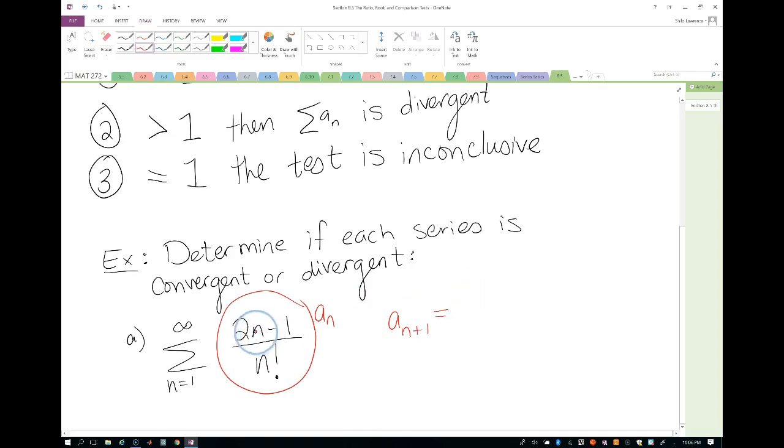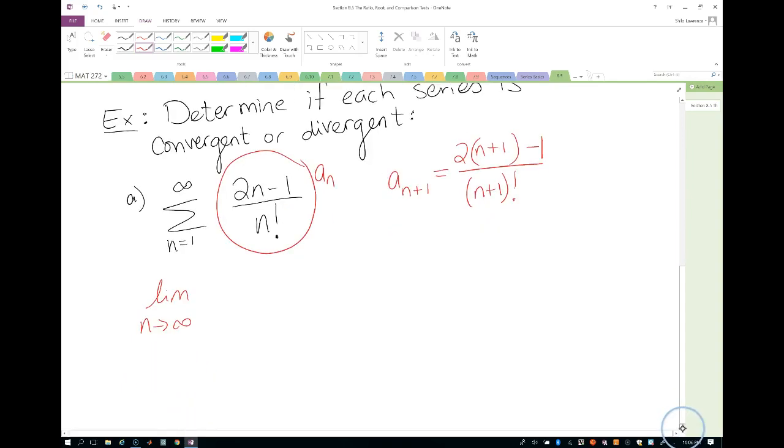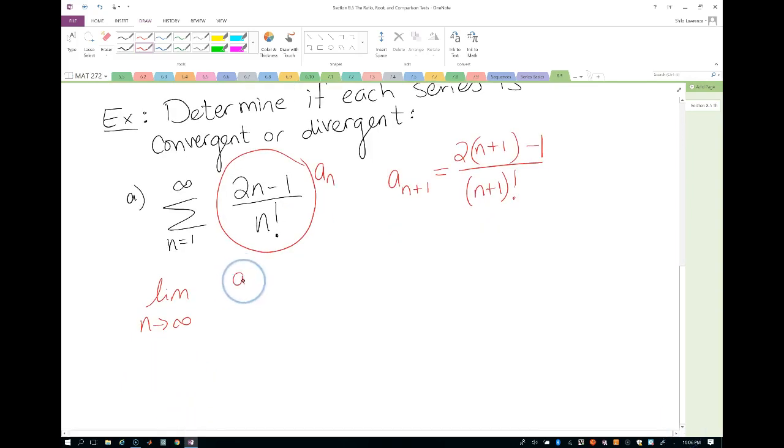So instead of 2 times n, we'll have 2 times n plus 1, and then minus 1, all over n plus 1 factorial. So that's what a sub n plus 1 is going to look like. Now we need to stack them and calculate the limit. So on the top we put the a sub n plus 1, and the bottom we put the a sub n.